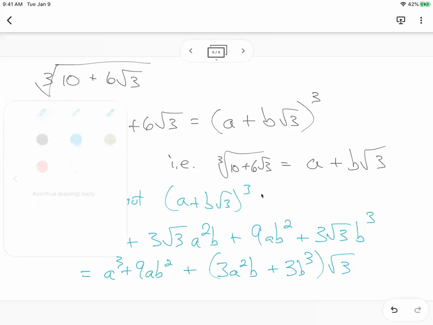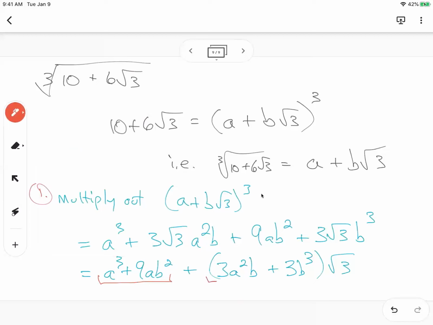Then what I notice is that going back to this statement here, a plus b root 3 cubed, which I just multiplied out, is equal to 10 plus 6 root 3. So I'm going to suggest that this term must be equal to 10, and this term must be equal to 6.